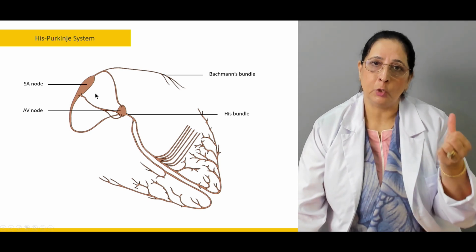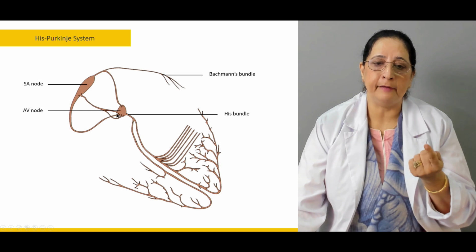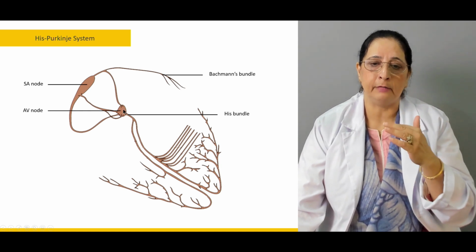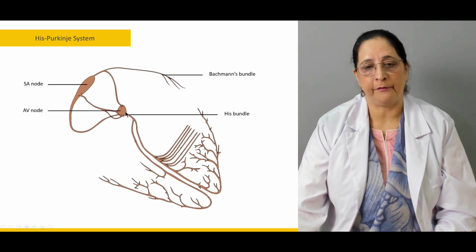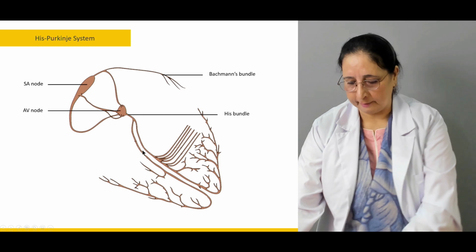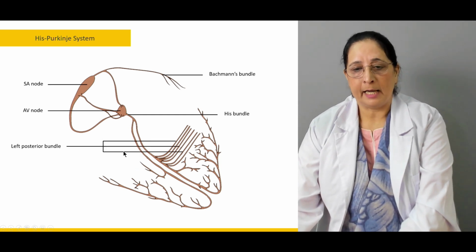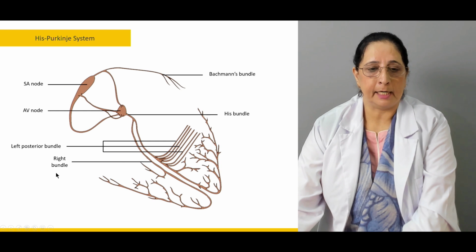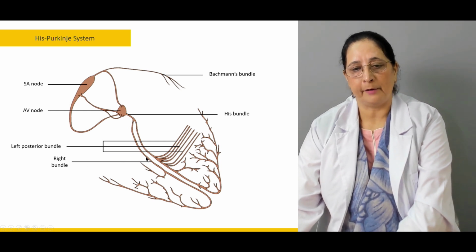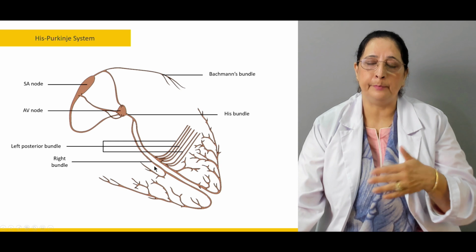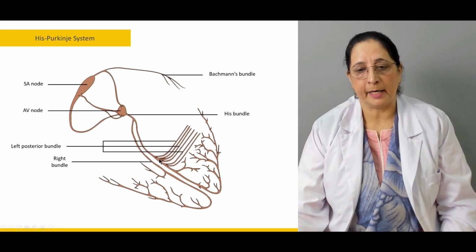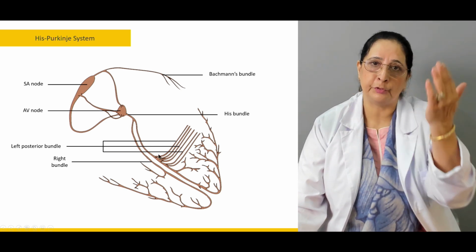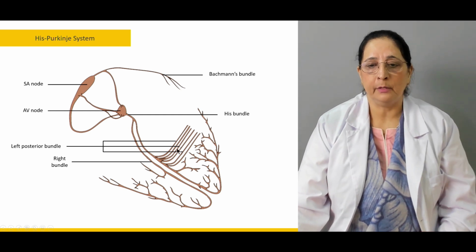So SA node is the first step, then we have the AV node between the atrium and the ventricle. From there, the bundle of His divides into the right bundle branch, which goes to the right ventricle, and the left bundle branch, which gives other branches to the posterior side of the ventricle.